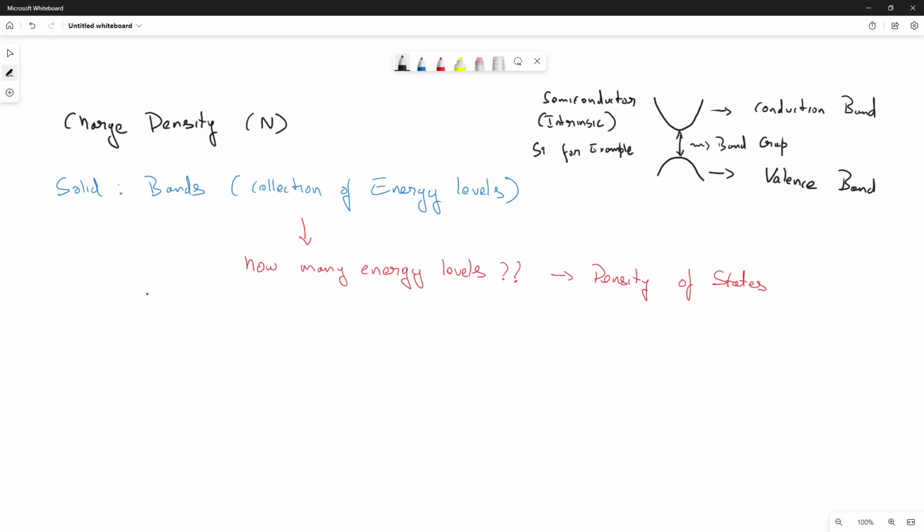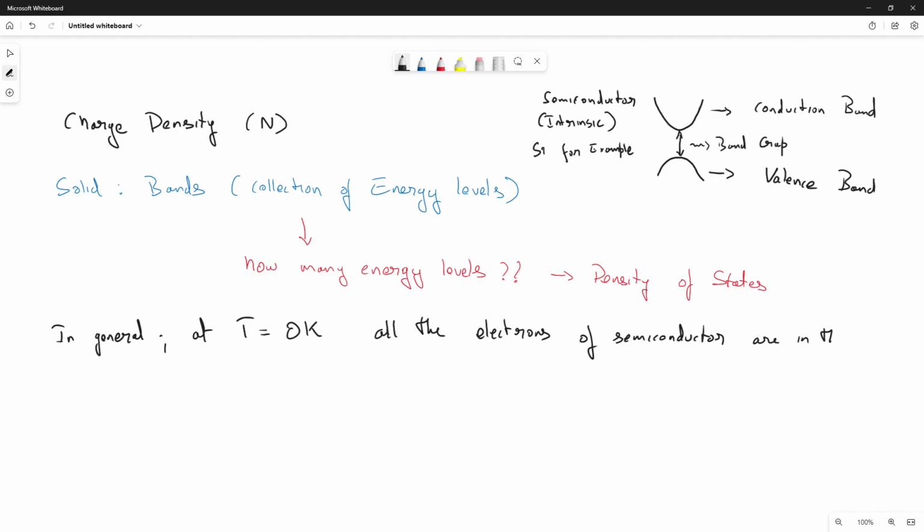Let me just quickly summarize what we discussed here. In general, at T equal to 0 Kelvin, all the electrons of a semiconductor are in the valence band.